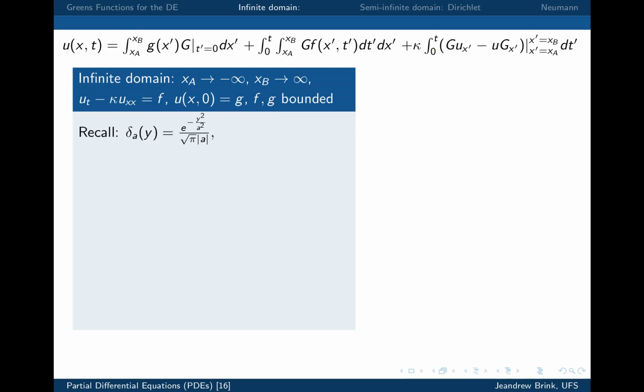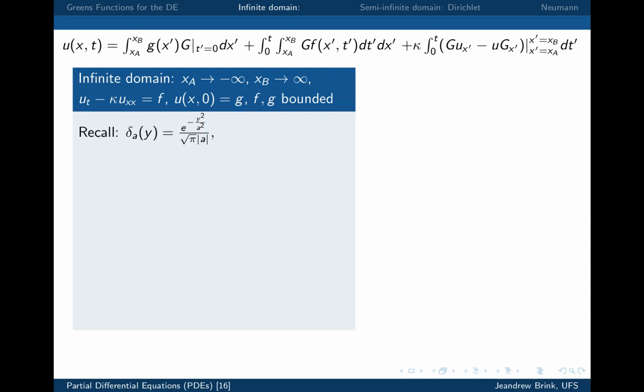Okay, so now let's recall that last time we expressed the solution in terms of this Gaussian distribution, which I called delta_A, where A is a parameter that is basically the deviation of the Gaussian. In other words, this thing has an area of 1, but A sets how spiky the hump is as opposed to how flat.